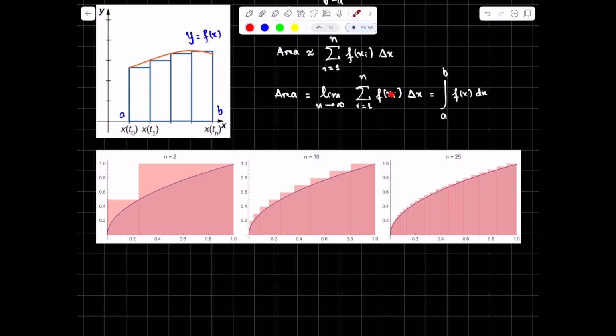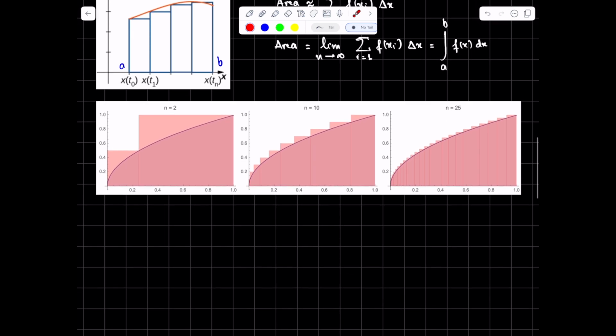So f of x sub i turns into f of x, which is the integrand, and delta x turns into dx to indicate that you want to evaluate the integral with respect to the x variable. Also the width becomes very small, and you want to evaluate the area under the curve between a and b.